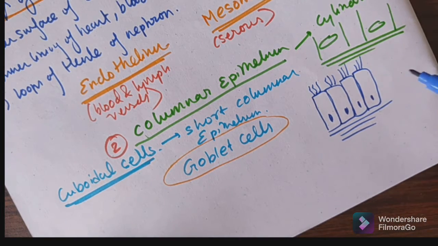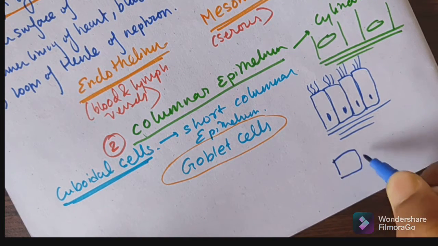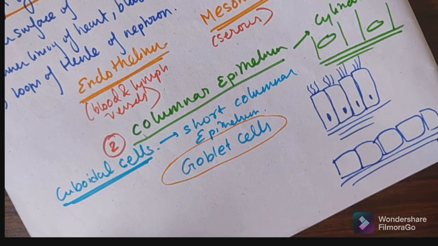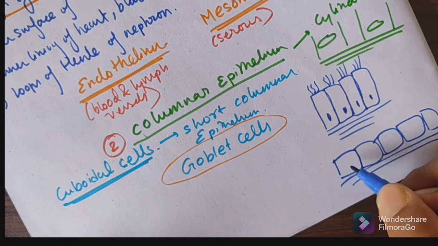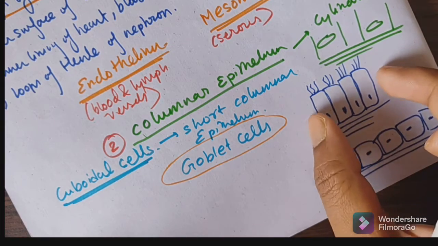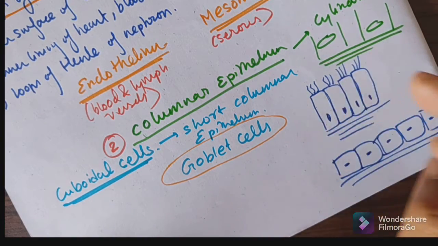And as far as cuboidal epithelium is concerned, cuboidal epithelium is generally cube-like. They also have a basement membrane, and nuclei is more or less centrally placed. Okay, so this is the cuboidal and this is the columnar.